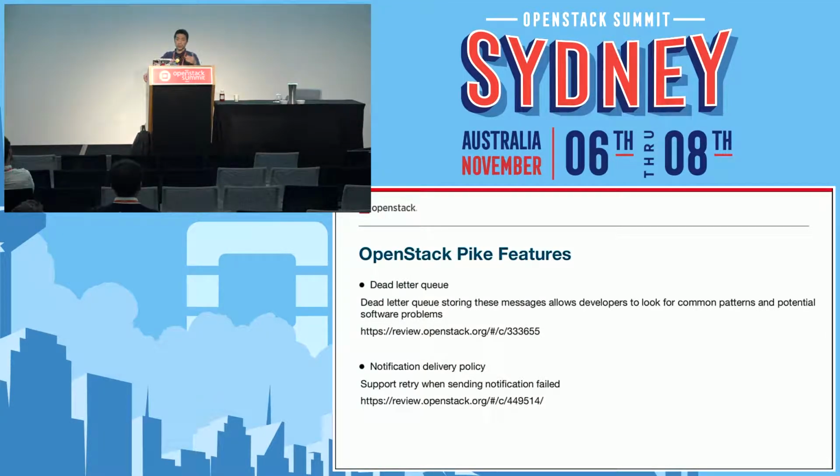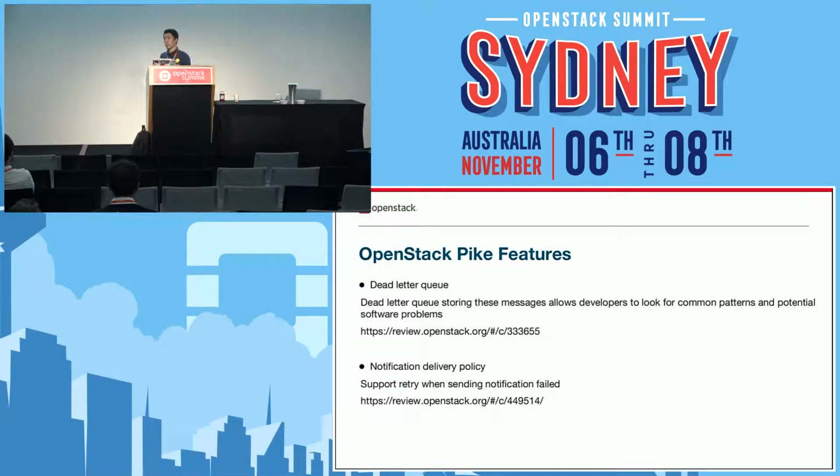Zaqar can help retry, and you can predefine a retry policy, like trying several times, say 5 times, with a predefined interval, like trying immediately after the first failure, and then 3 seconds, and then maybe 5 seconds, 10 seconds, something like that.